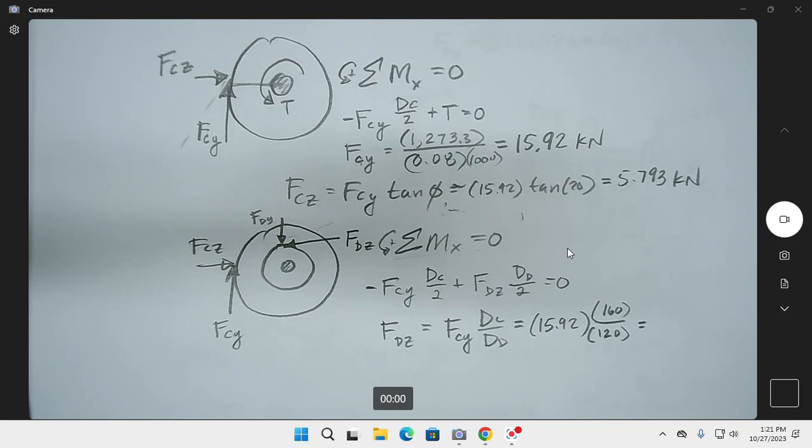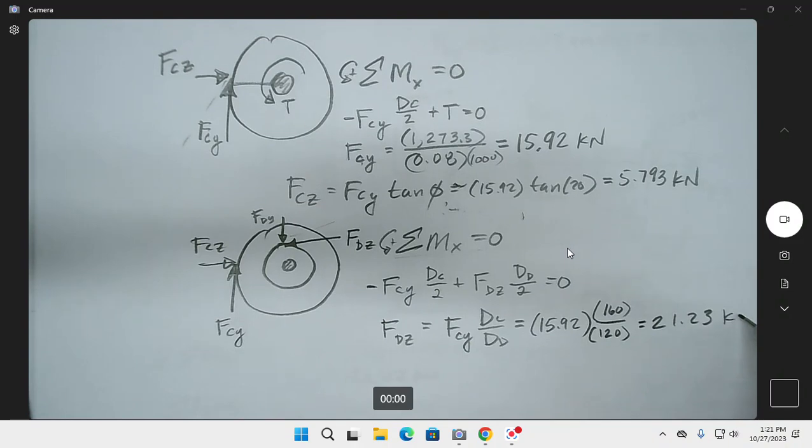So 15.92, 160 times 120 divided. So we get 21.23, call it, kilonewtons.